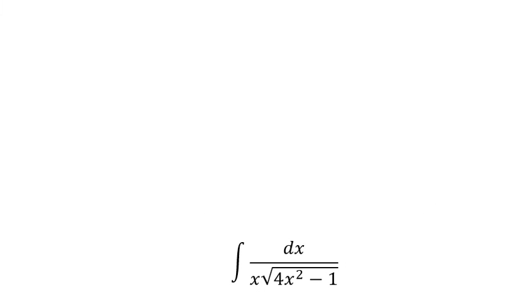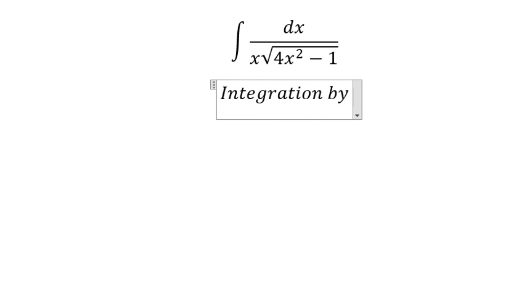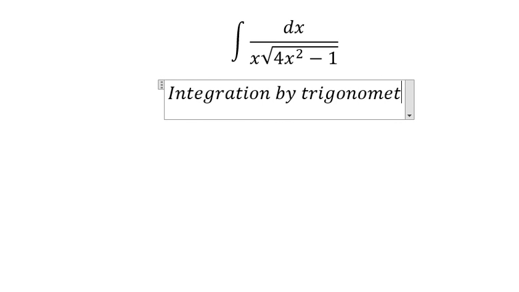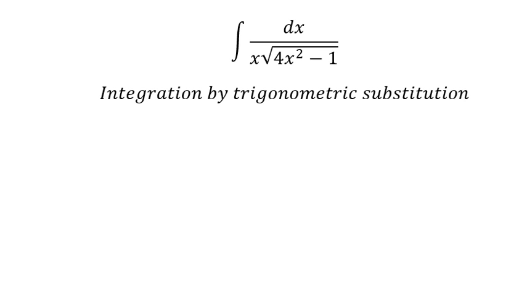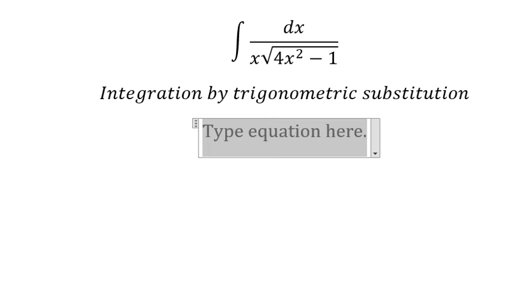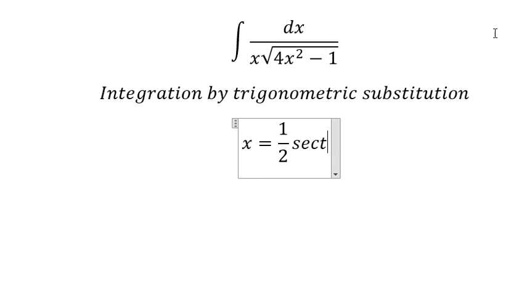Now let's go to the last one. We need to use integration by trigonometric substitution. So I will put s equal to 1 over 2 secant of t.